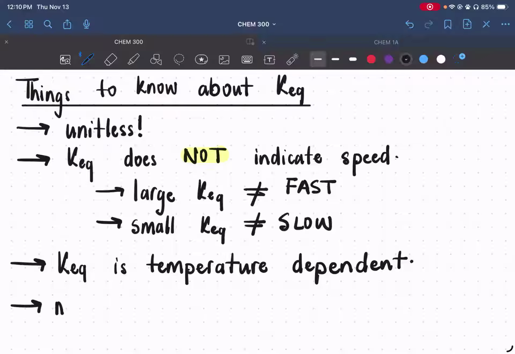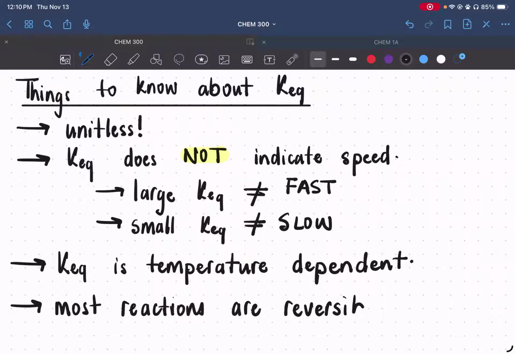Lastly, most reactions in this world are reversible. More often than not, I would probably say more than 90% of reactions in the world are reversible. Remember, what does reversibility mean?